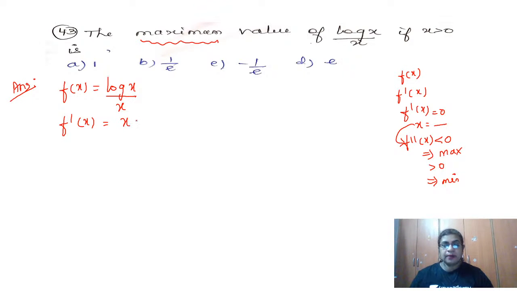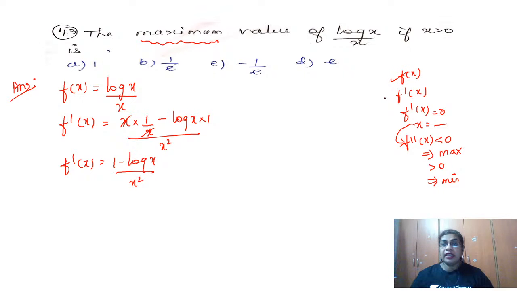So it is x into 1 by x, that is the log x derivative, minus log x into the derivative of x, which is 1. This x and x get cancelled, whole divided by x square. So f dash of x is equal to 1 minus log x, whole divided by x square.